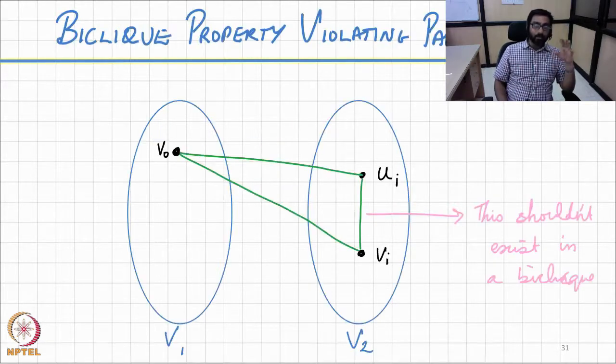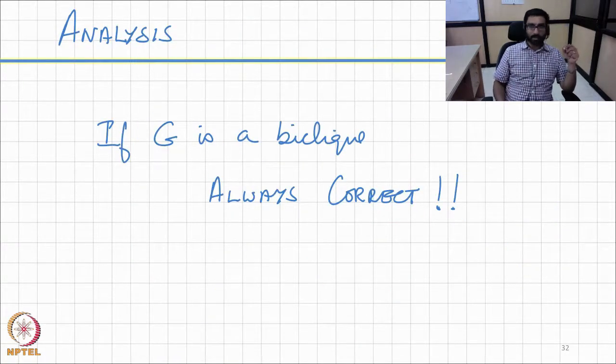Okay, so that means that our samples, I mean, this gives us the good probability of capturing such a violation. Okay, let's analyze this a bit carefully. Well, if G is in fact a biclique, then we're always going to be correct because we're never going to find a violation.